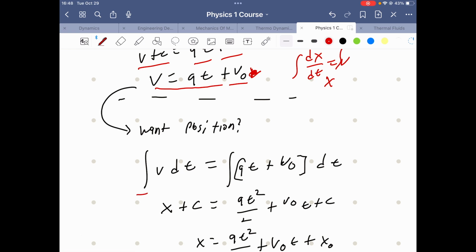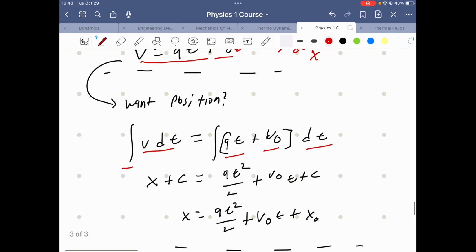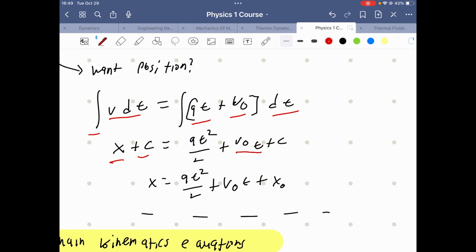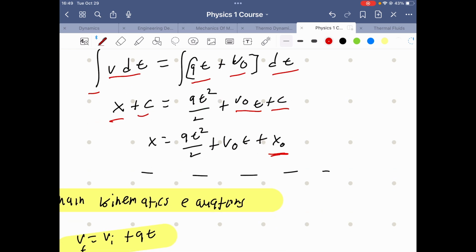We take the indefinite integral of v with respect to time, and the indefinite integral of at plus v naught with respect to time. We're left with x, right? Because the indefinite integral of v is x plus c, is equal to at squared, that's the integral of t, this is t squared over 2. So (1/2)at squared plus v naught t plus c. Same thing, moving the c over to this side, we have our x naught term.